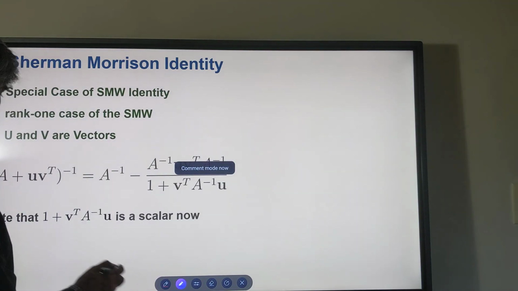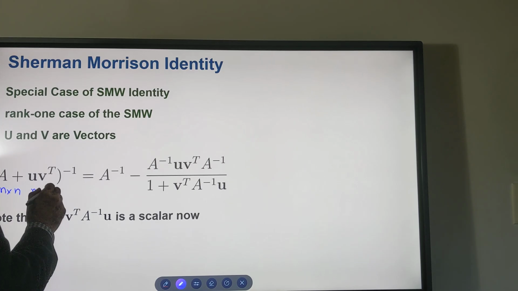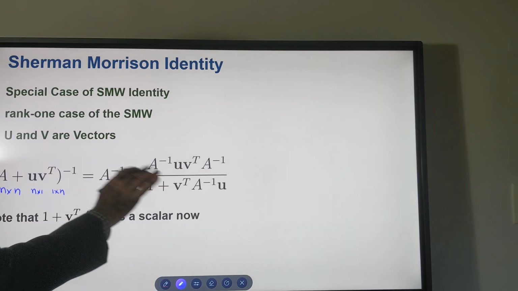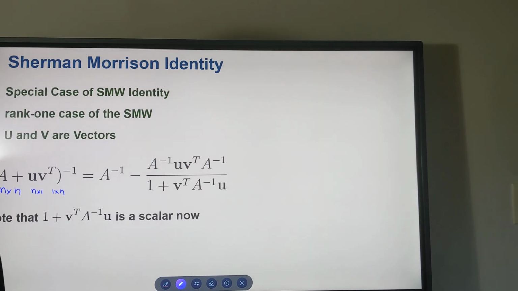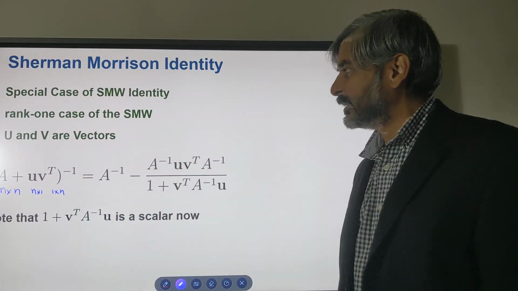If A is an n by n matrix, then U becomes an n by 1 matrix, and V also is an n by 1 matrix. So U transpose becomes a 1 by n matrix. So we can add these two matrices, and this becomes a special form of the Woodbury-Morrison, Sherman-Morrison identity.